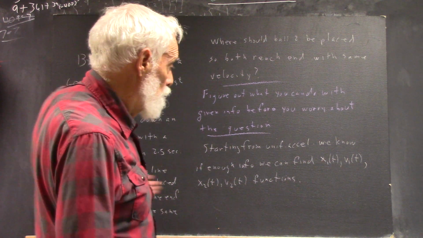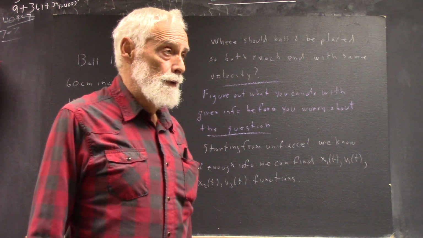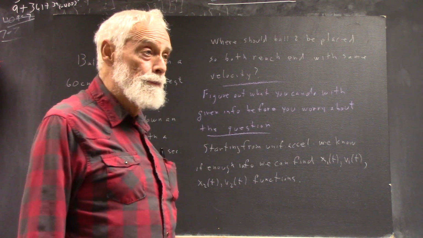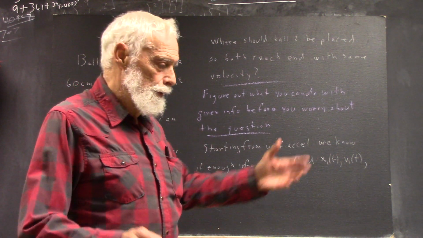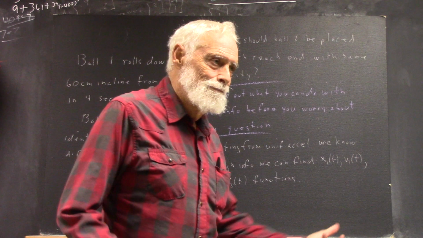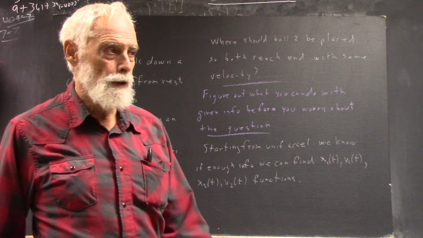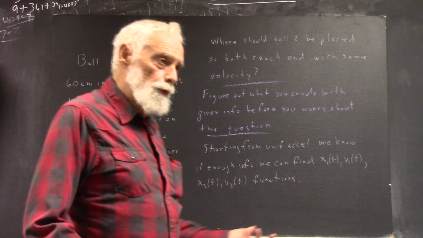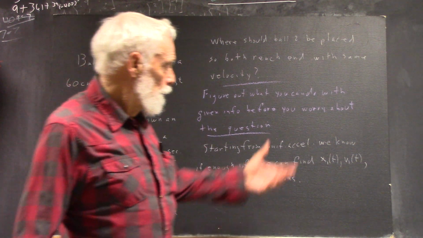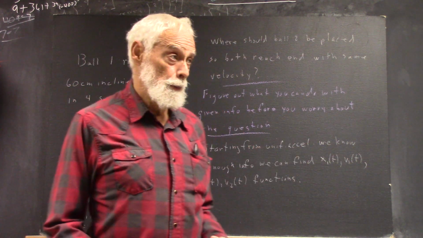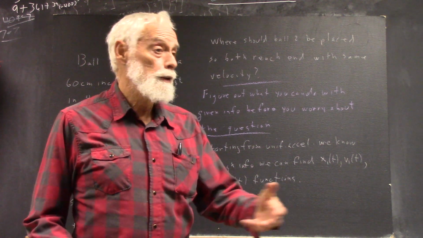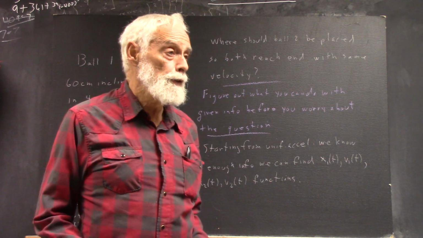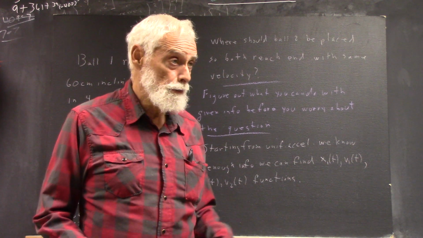So, we know we can do this. The things you mentioned: we could start with the integration. We get the two equations for x1 of t and x2 of t, put in our initial conditions, we get simultaneous equations. Or we know it's uniform acceleration. We know how to derive 4 equations for uniform acceleration using calculus or just using the v versus t trapezoid and labeling it total.